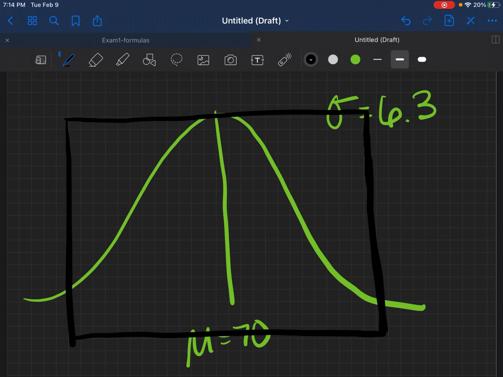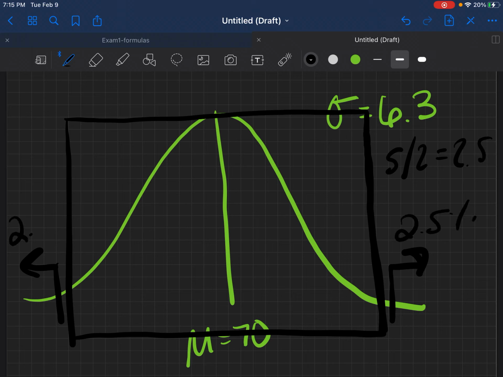And I realized, okay, there's 5% left over, so we're going to do half of that 5% at the top, half at the bottom. 5 divided by 2 is 2.5. So 2.5% here, 2.5% here. I know the area equals percentage, so I'm going to convert this percentage into a decimal, like an area, by moving the decimal place over 2 points, which leaves us with 0.025 on either side.